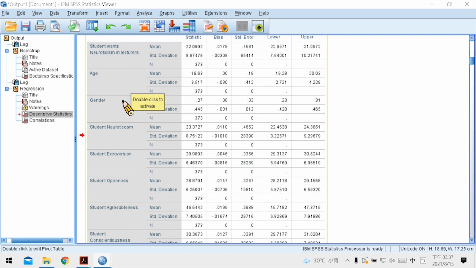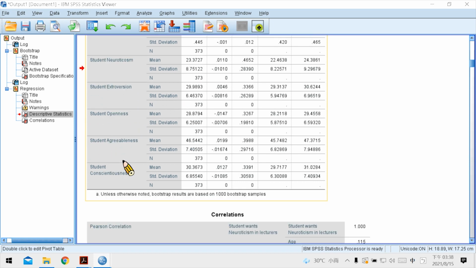And the age, gender. Age is 19, but the gender, no, this doesn't make sense to mean. Okay. Student nutrition and student extroversion and the student agreeableness and the student conscientiousness.